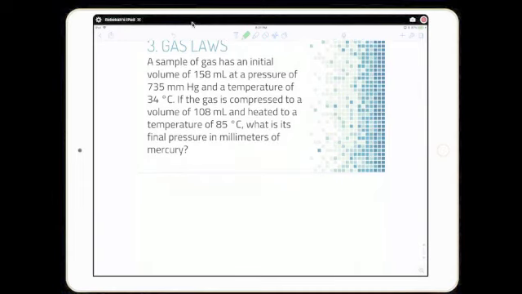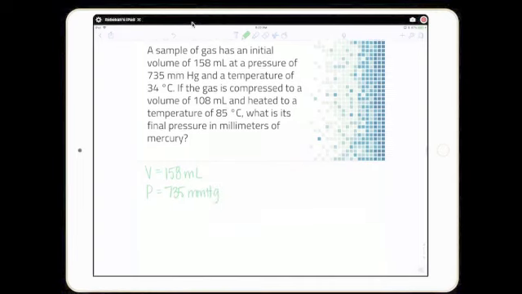What I want you to do first is to bring out all of your variables. So we've got volume is equal to 158 milliliters. Then they tell me I have a pressure of 735 millimeters of mercury. Now I don't know if I need to convert this yet. I'm not sure what equation I'm using.